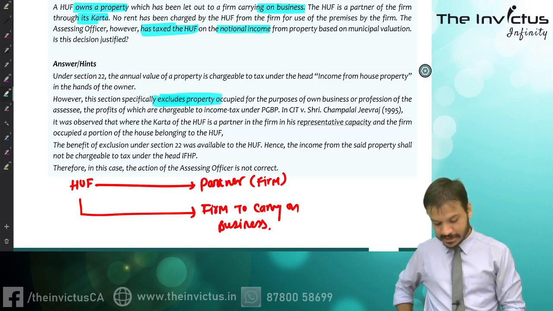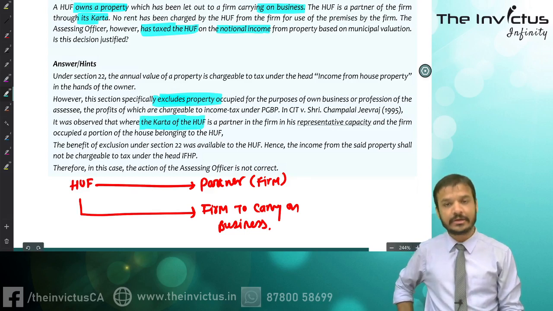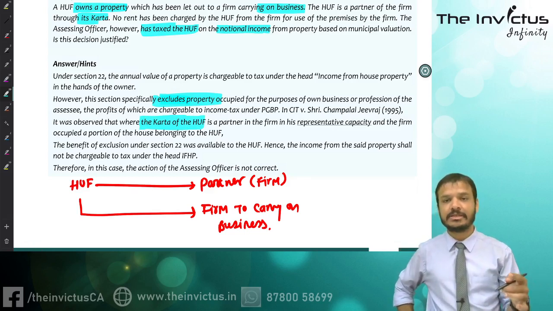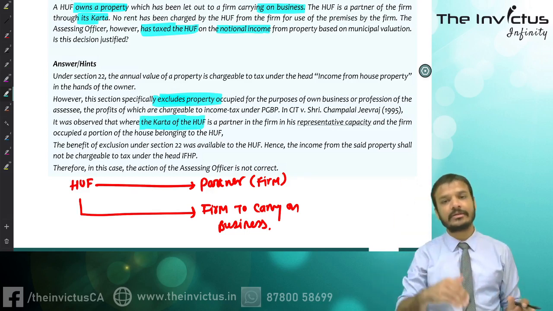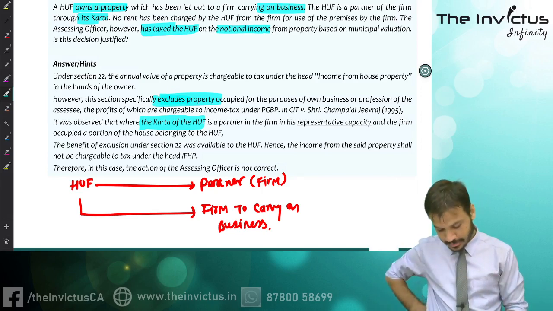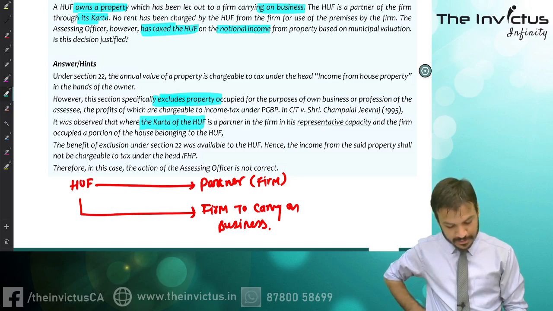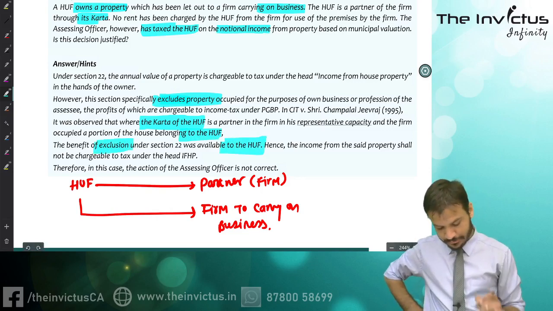In CIT versus Sri Champalal Jivraj, it was observed that where the Karta of the HUF is a partner in a representative capacity, meaning what? The actual partner is the HUF and the Karta is representing this HUF, and the firm occupied a portion of house property belonging to the HUF, the benefit of exclusion under section 22 was available to the HUF.